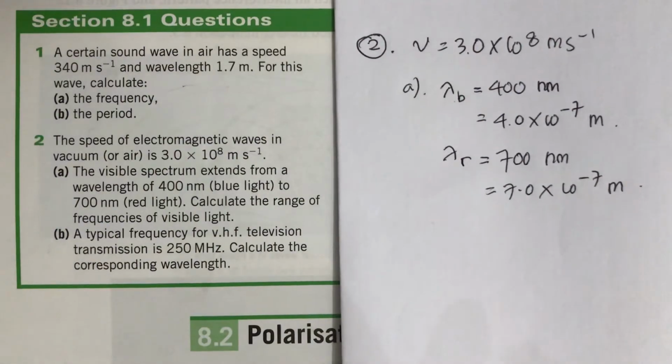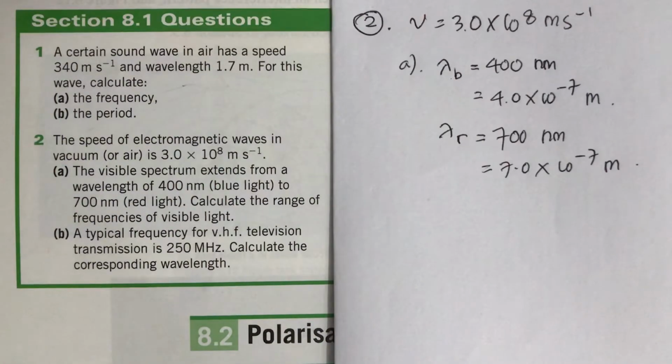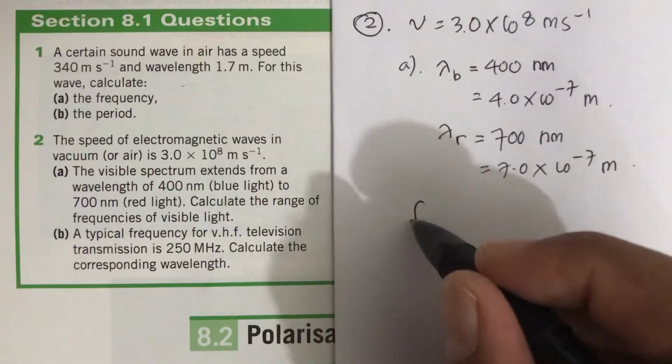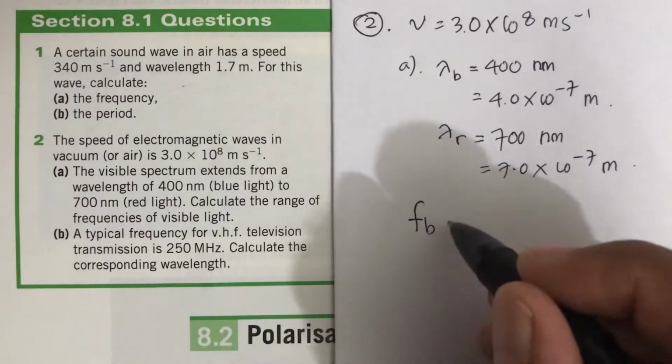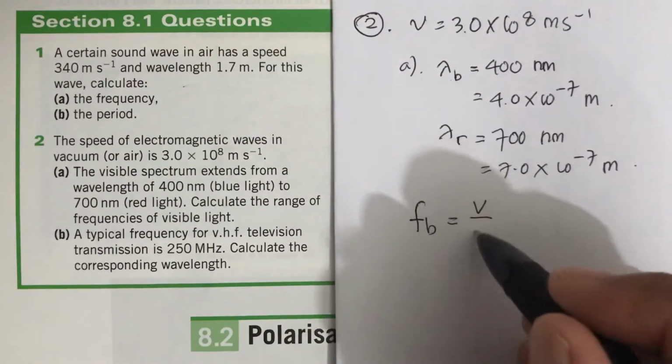After we know the wavelengths of the blue and red light, we find the frequency of the blue light. Frequency is V over lambda, right?